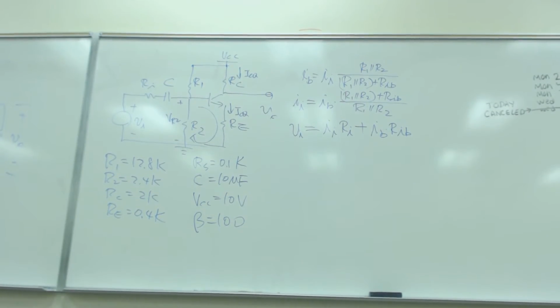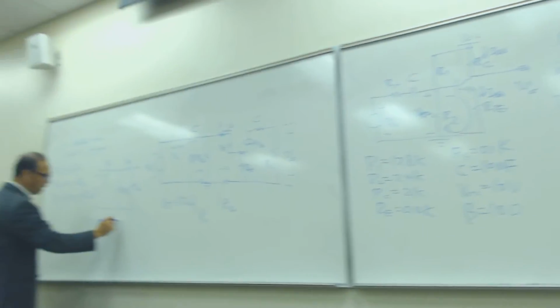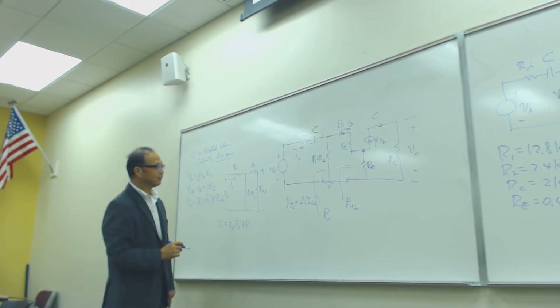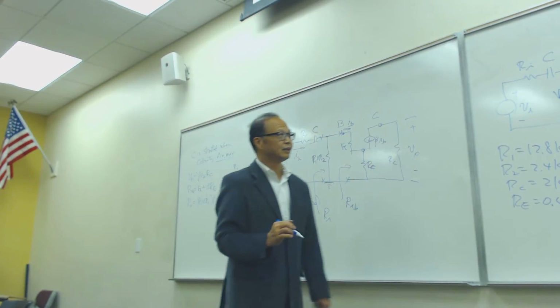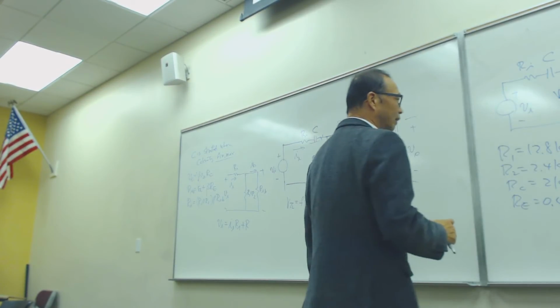Another way you can do it is to combine the two, and V sub I will be equal to I sub I R sub I plus... why am I having R sub I twice? Oh gee, I don't want to confuse you. So let me change the name. Can I call this R sub S?